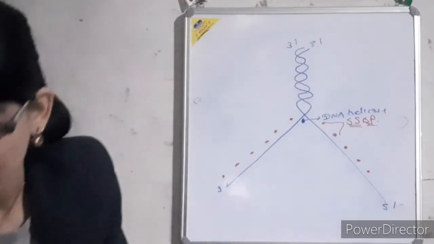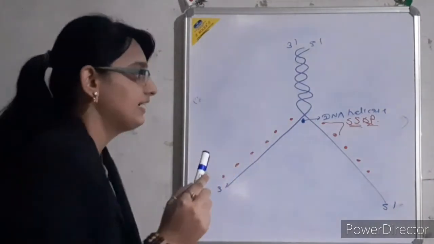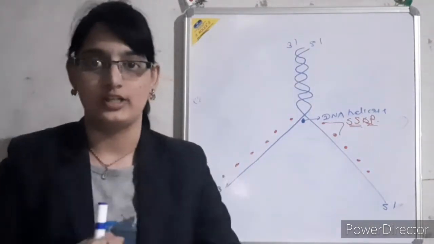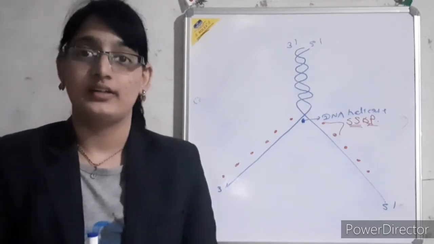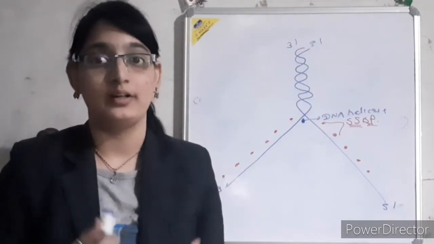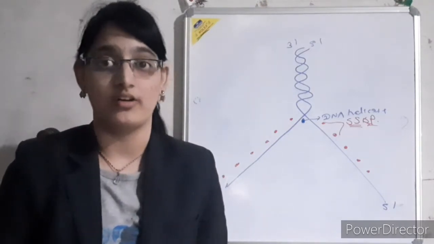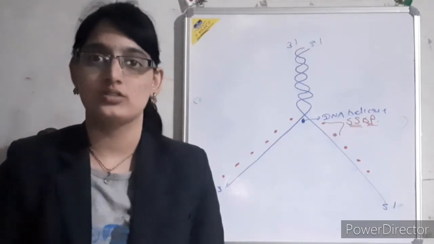So when the SSBP proteins are added on the respective strands, they cause stretching of the strands, and one time will come when the strand will break down. When this strand breaks down, we will not get the copies of our desired DNA. So there will be no process of replication.